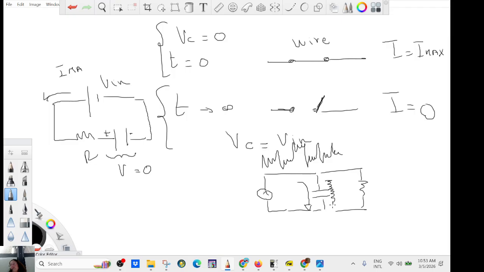Everything high frequency will go there, and what will be left here will be the signal. So that's why you get rid of the high frequency signal with a capacitor. So you have low pass filter, high pass filter. So here you are filtering the high frequency, which is the noise, because a capacitor loves AC, but it stops DC.